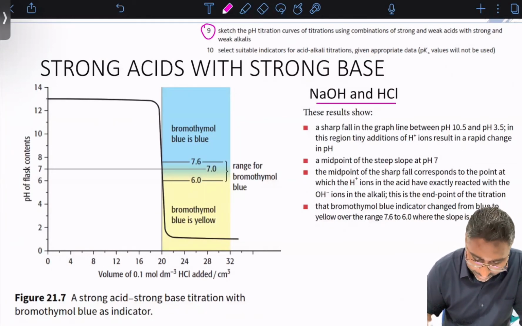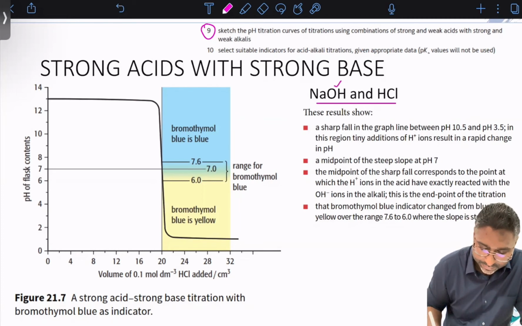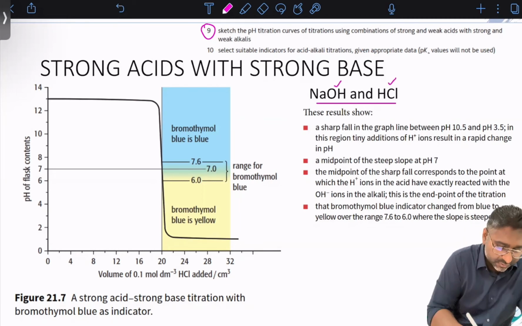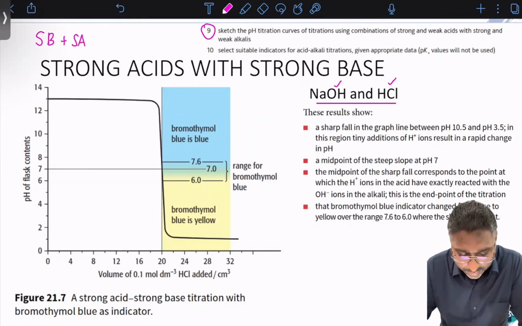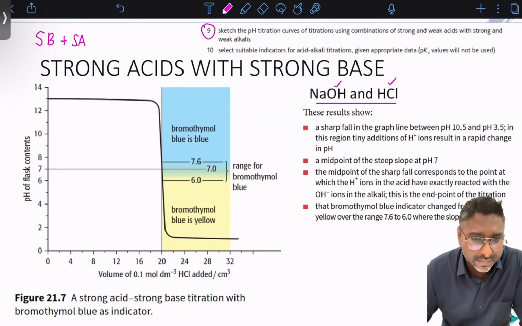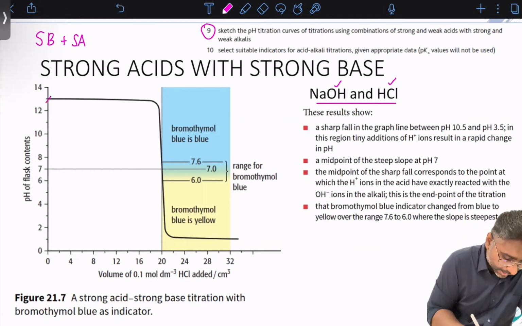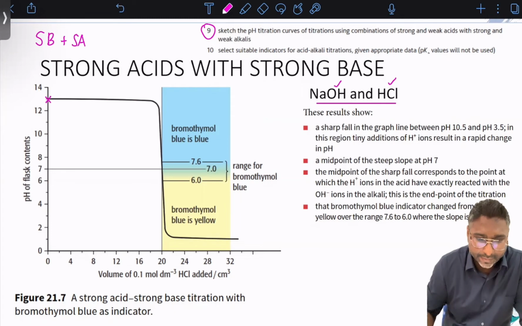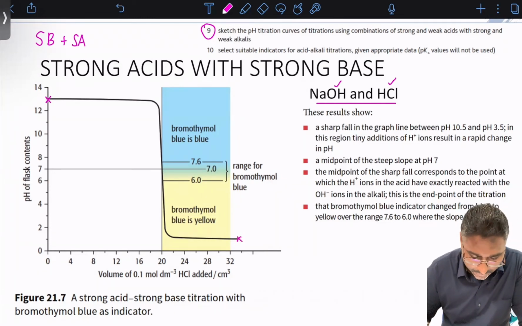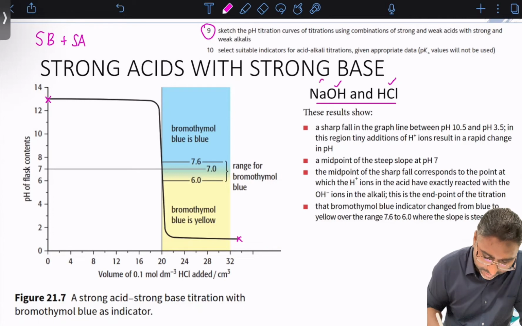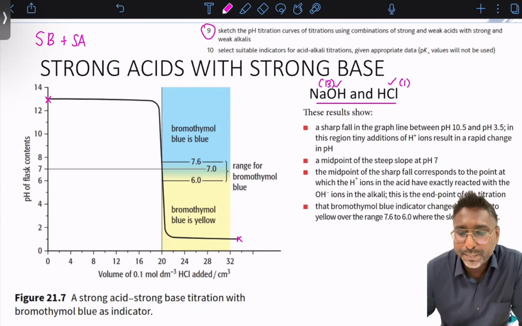Sodium hydroxide is a strong base and HCl is a strong acid. So it is a strong base with a strong acid. There is some information you need to follow. For example, the graph starts at 13 and ends at somewhere around 1. Why 13? Because it's a strong base. HCl is a strong acid, so it ends at 1.